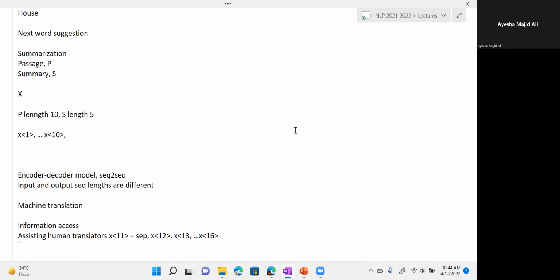So oftentimes human translators are enlisted to translate documents and other pieces of information from one language to another language. So to assist them, we will oftentimes generate a first translation using automatic machine translation. So that's another key application of machine translation.